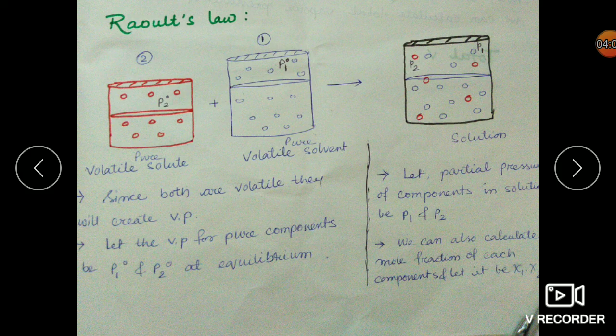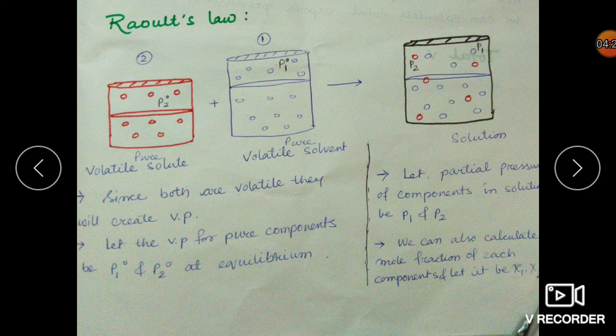The solute we have taken is volatile, the solvent is also volatile, so vapor pressure will be created. Now we have considered the vapor pressure for the pure components to be P1 naught and P2 naught at equilibrium. Whenever vapor pressure gets created, they are in equilibrium. Some particles will go to the vapor phase, then they will collide and come back. So equilibrium is established, and at that point we have considered their vapor pressure. So that part is clear.